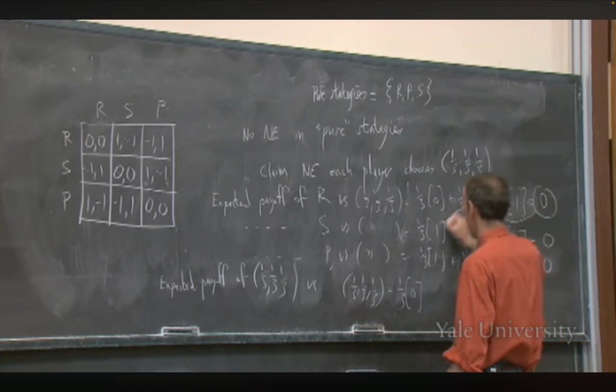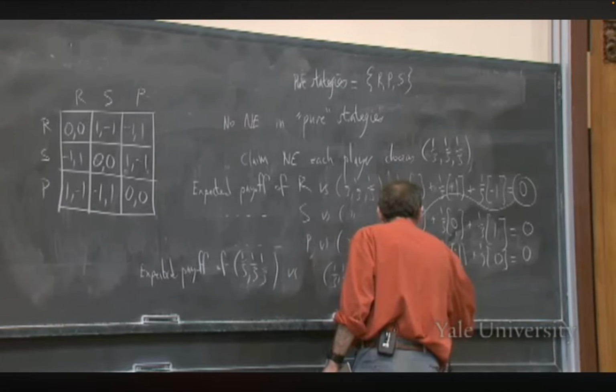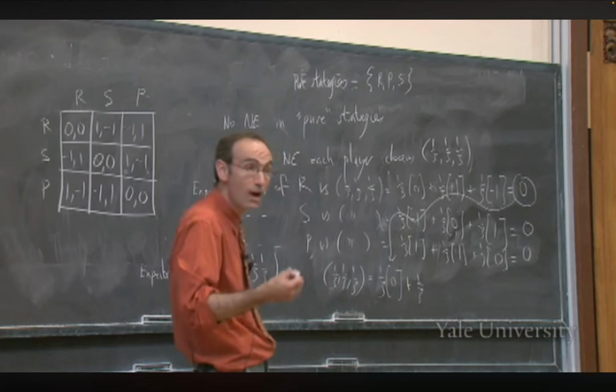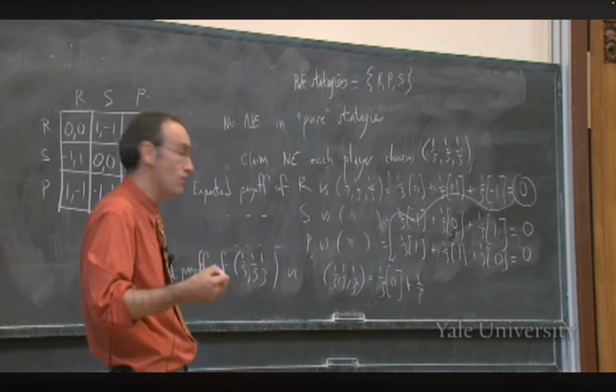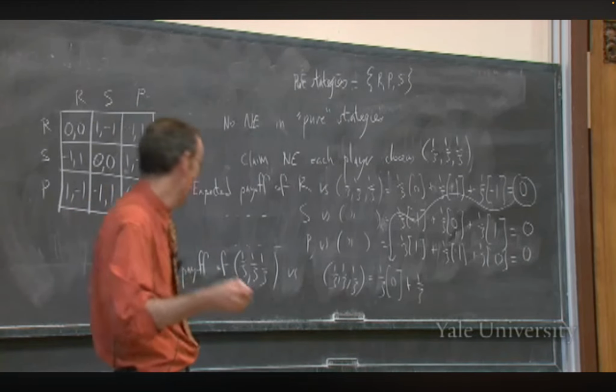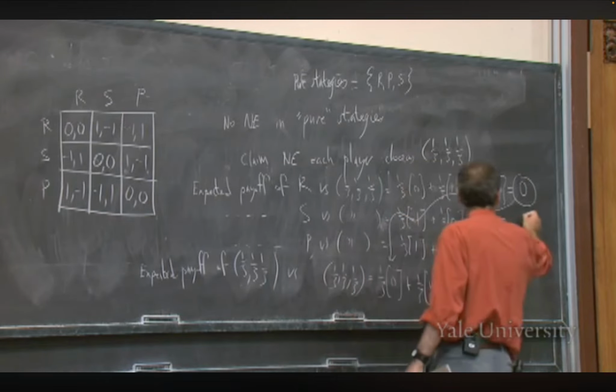Let me just do it without colors messily. All right? And a third of the time, I'm going to be playing scissors. And then I'm going to get the expected payoff from scissors against a third, a third, a third. And what was the expected payoff of scissors against a third, a third, a third? 0 again. All right? So a third of the time, I'll play scissors, and I'll get this 0.